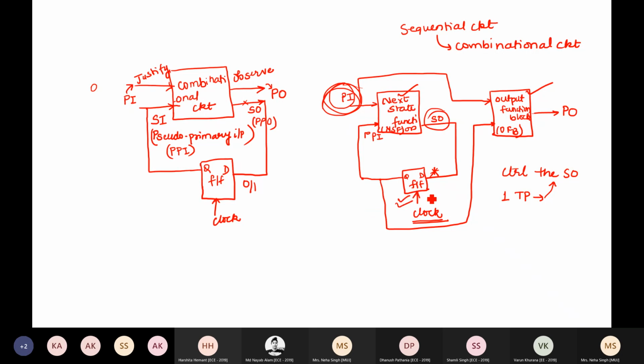अगर दो फ्लिप फ्लॉप sequence में हो जाएंगे then I will require something like this. If this is flip flop 1 running on a particular clock followed by another flip flop running at another clock. So I will assign some value here, let's say D. That D will be propagated on first clock edge to the output of flip flop 1.